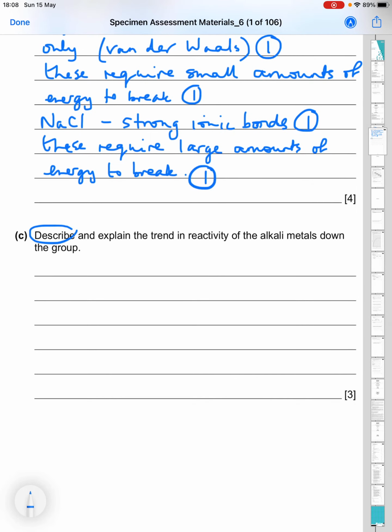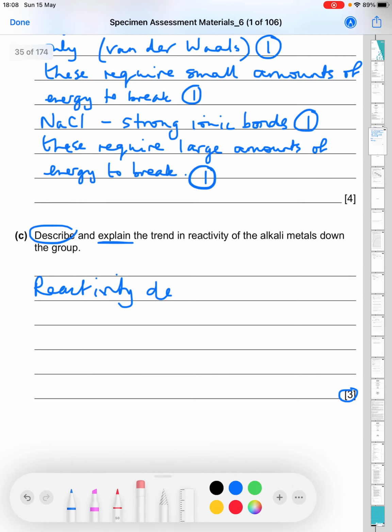Next, describe and explain. So describe will be 1 mark and explain will be 2 marks here, because it's out of 3. The trend in reactivity of the alkali metals down the group. So describe is really just stating what it is. So reactivity, as you know, decreases, or, my brain's going too fast for my hand.